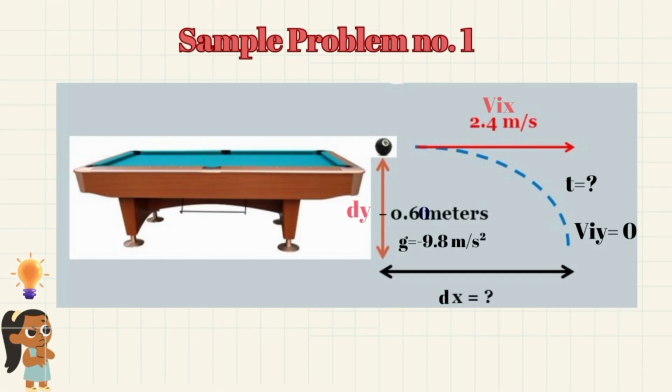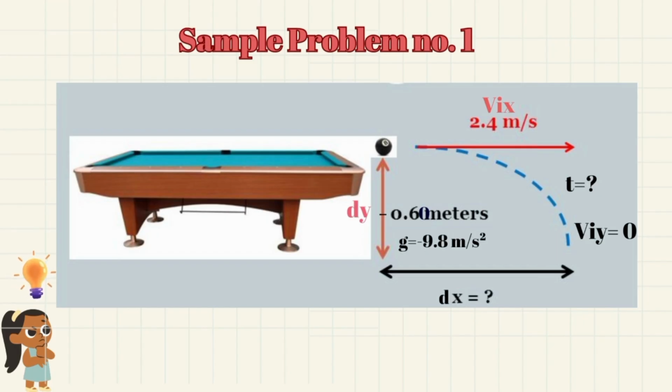Now, if you see this diagram, let's say this is the height of the table, which is 0.60 meter. We can denote this as the dy. The movement of the pool ball is projectile motion.